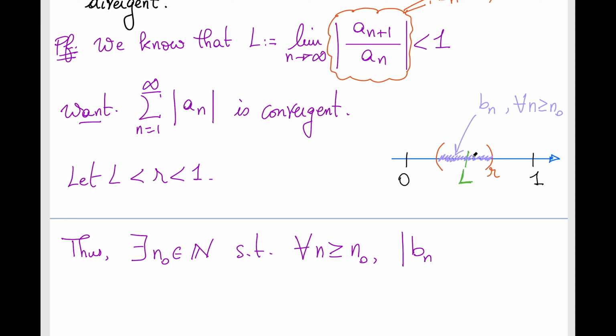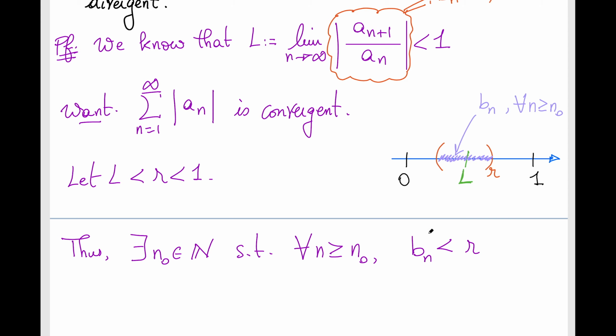The Bn starts being there. So what does it mean? The absolute value of Bn, okay, what's the absolute value of Bn? This Bn, because Bn is non-negative, is going to start being here. So Bn is less than R. Am I correct? So Bn is going to start being here.